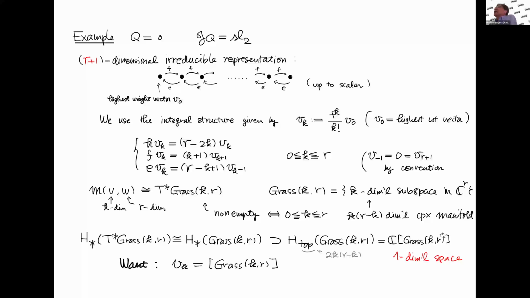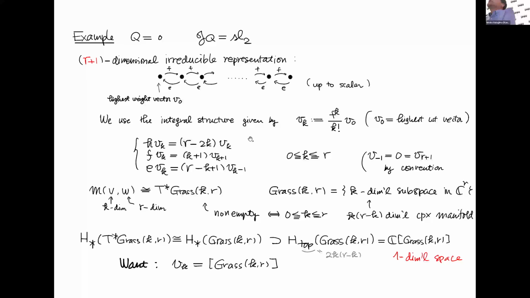And this is spanned by the so-called fundamental class. So I take this one-dimensional space. Then this matches with this picture. I have an R plus 1 one-dimensional spaces, one corresponding to each dot. So we want to identify this vector Vk with this fundamental class. Then if I succeed in defining those operators F and E in a geometric way, it means that we can realize this representation in geometry.